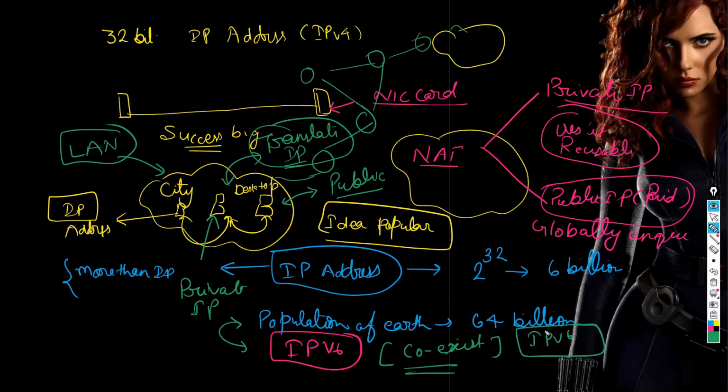Even with websites nowadays, once you do an NS lookup or check the IP address, you get both IPv4 and IPv6 addresses. So that was the idea, and that's why we started using NAT. Clear?